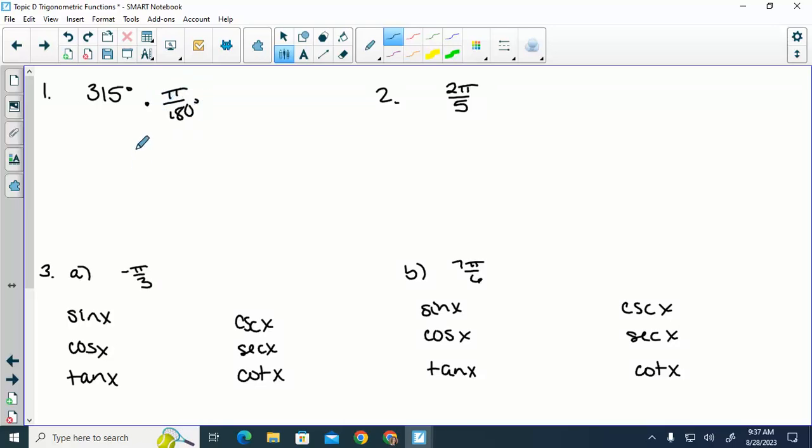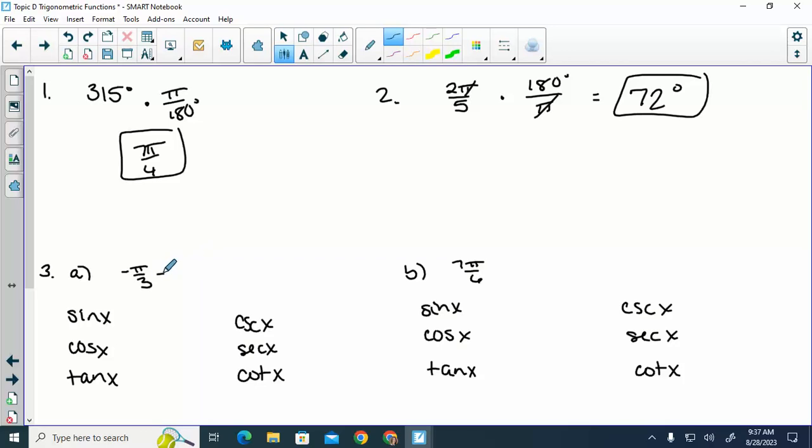And what did that give you? 7 pi over 4. Alright, 2 pi over 5, you multiply by 180 over pi, so the pi's drop. And we get 72 degrees.